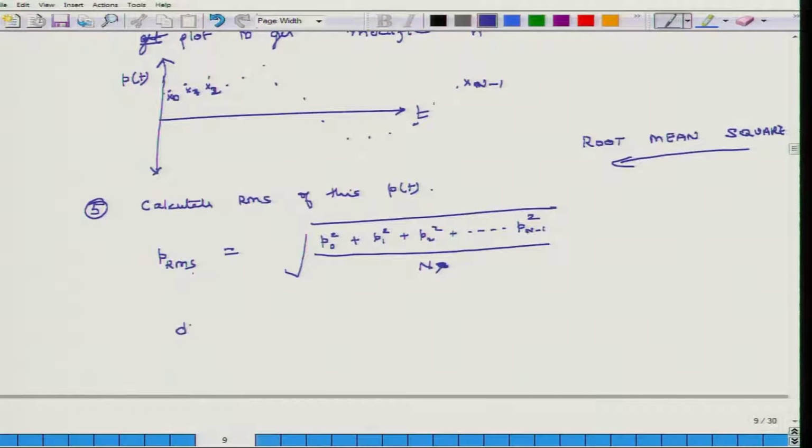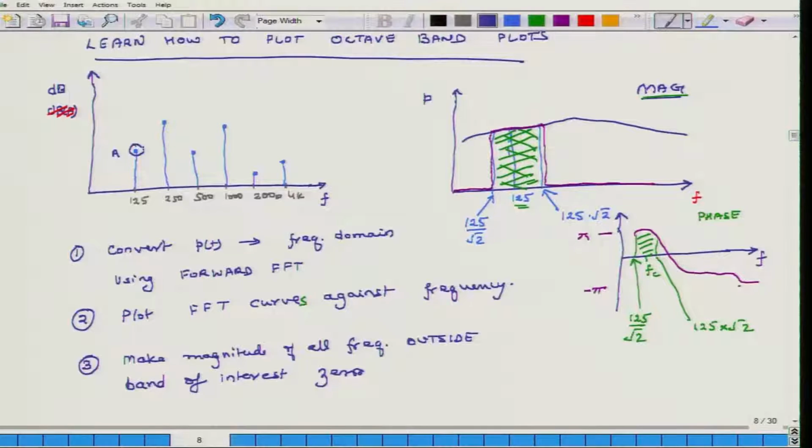Then now I calculate decibels. So, dB equals 20 log 10 of PRMS divided by 20 into 10 to the power of minus 5. And in this way, I plot which point? Point A. Understood?